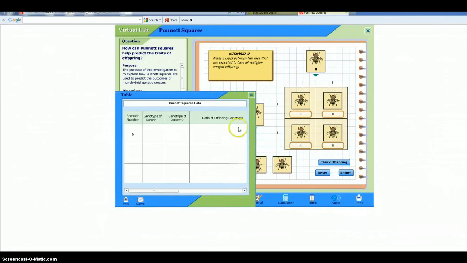So it's scenario number 9, genotype of parent 1 is LL, and parent 2 is small l's, and the ratio of the offspring phenotypes is 1.